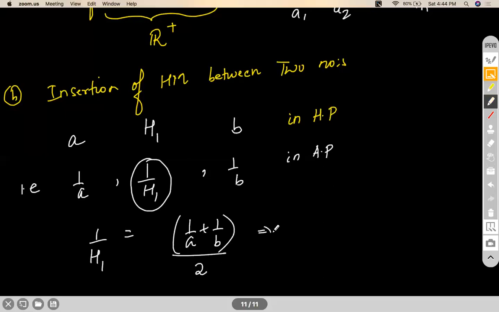So from here we can claim that our H1 is 2 divided by 1 by A plus 1 by B. So this H1 value will be nothing but this expression.